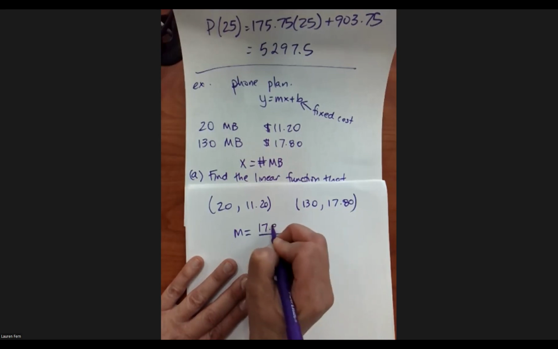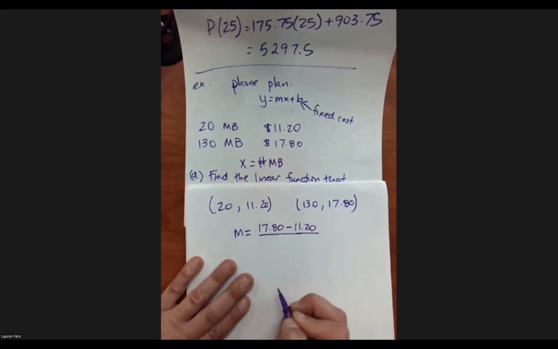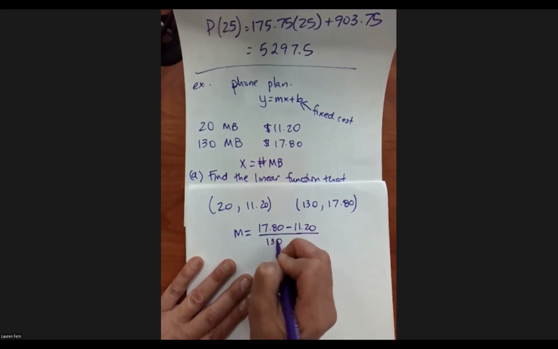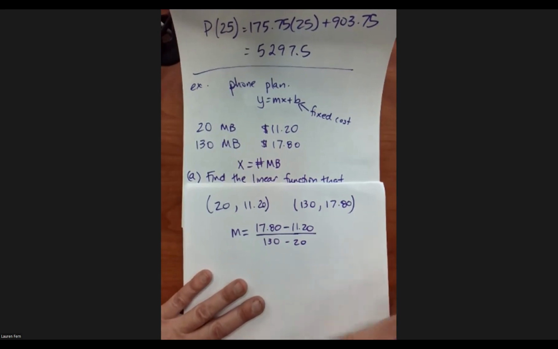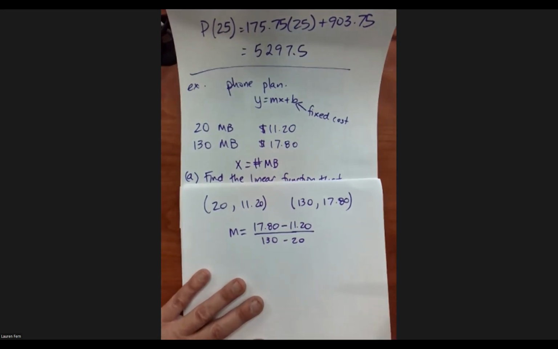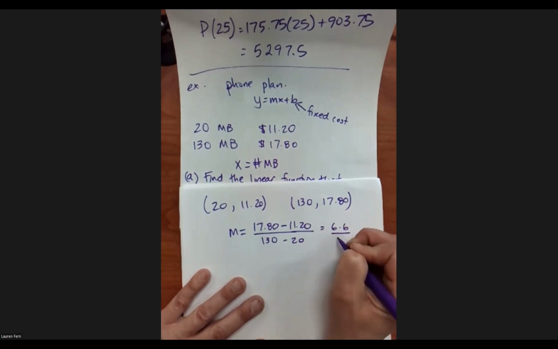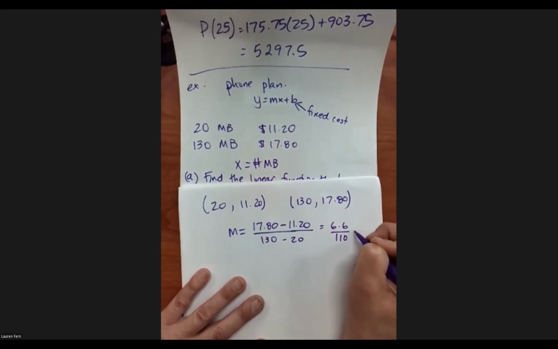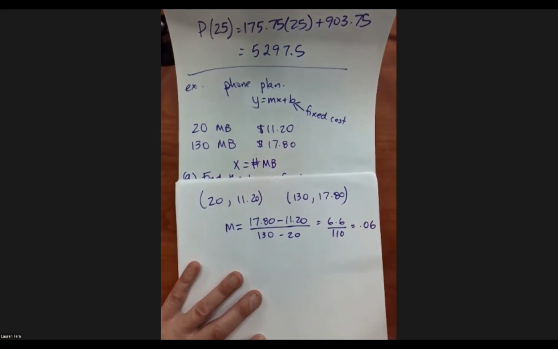Yep. 17.80 minus 11.20 divided by 130 minus 20. It's the change in Y values over the change in X values. So we get 6.6 over 110, which is 0.06.